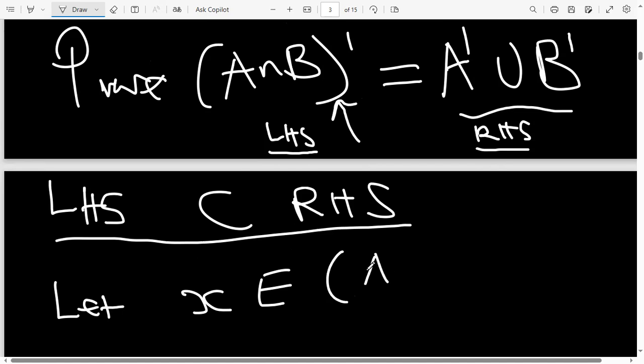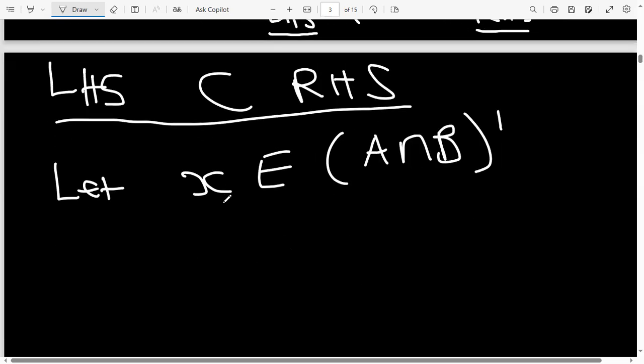So we have A intersection B complement. We are saying let X be a member of A intersection B complement. So if X is in this complement set, what does it mean by the complement rule?